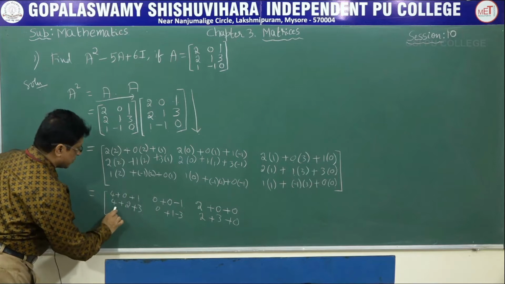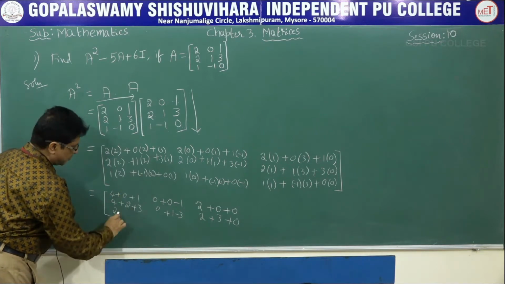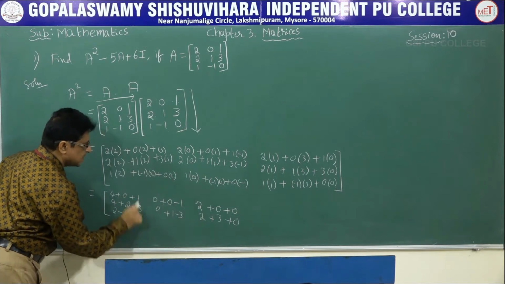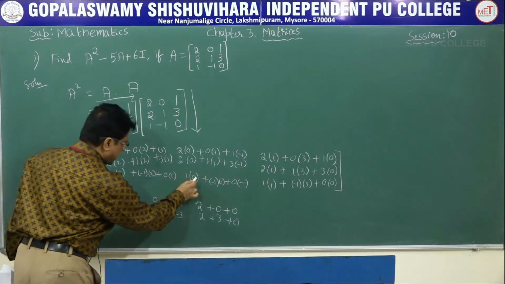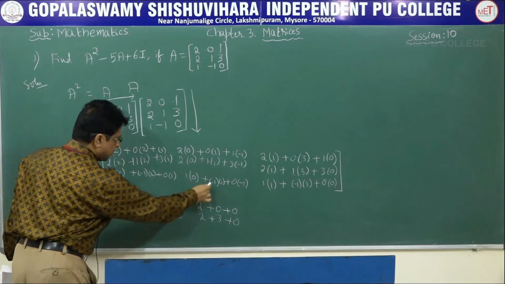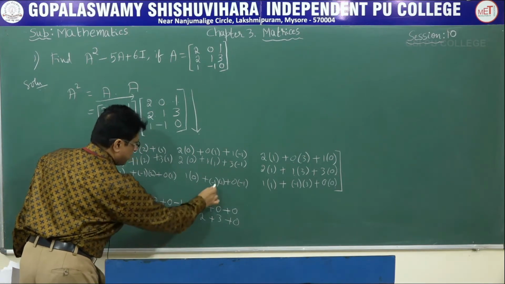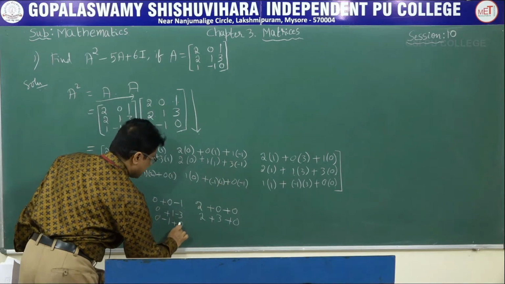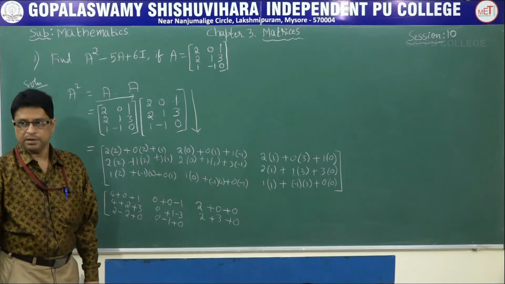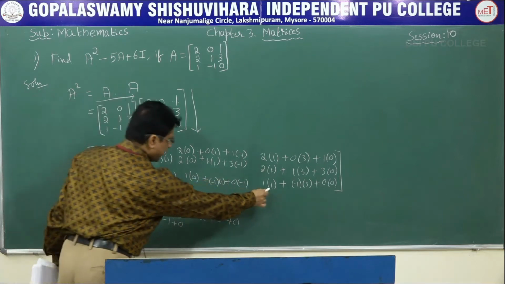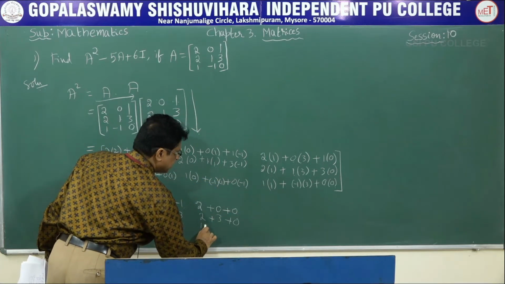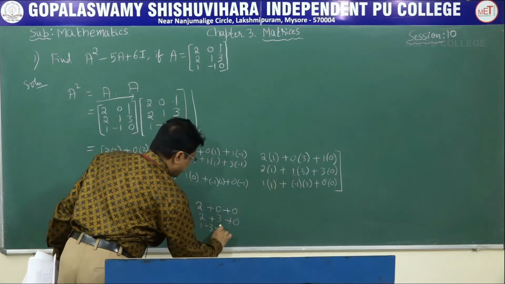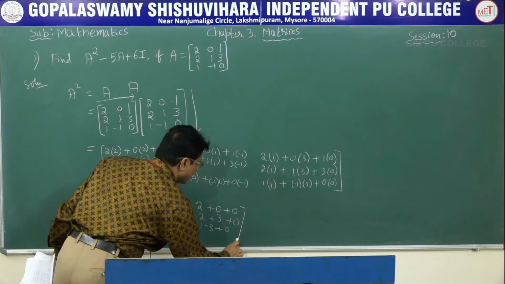Next row, 1 into 2 is 2 minus 1 into 2 is minus 2 plus 0 into 1 is 0. So 1 into 0 is 0 minus 1 into 1 is minus 1 plus 0. So next element will be 1 into 1 is 1 minus 1 into 3 is minus 3 plus 0.